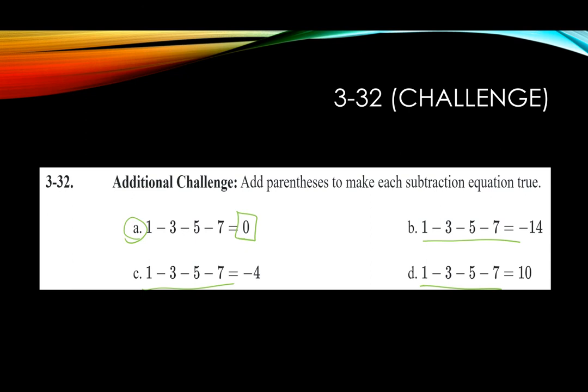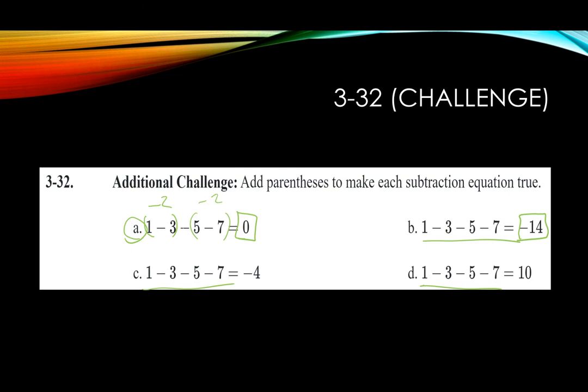Well, if I just did that all straight across, that's going to give me negative 14. So I know I have to definitely put some parentheses in here. Let's look for my 0 pairs. So let's see, if I did 1 minus 3, what did that give me? It's going to give me negative 2. And if I did 5 minus 7, that's going to also give me negative 2.